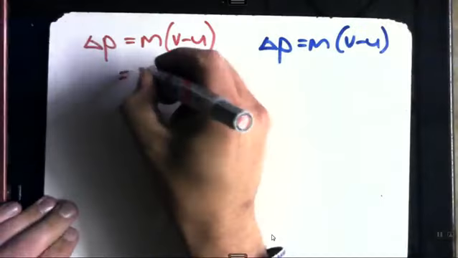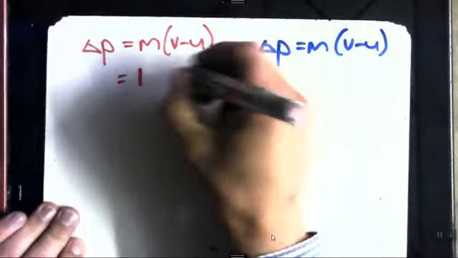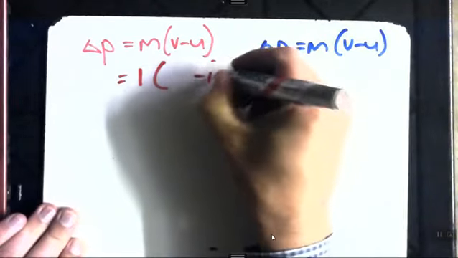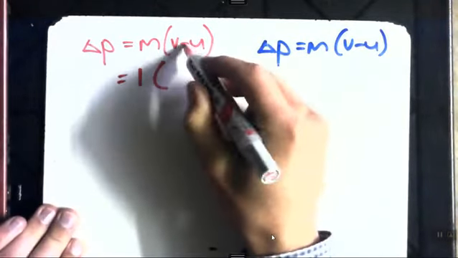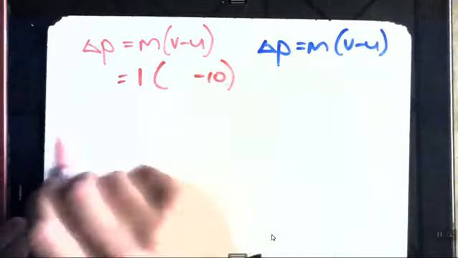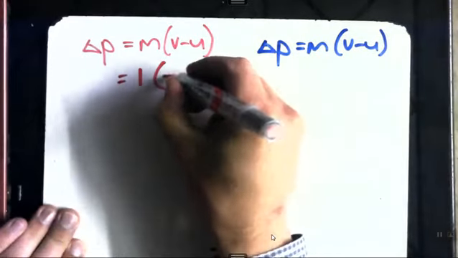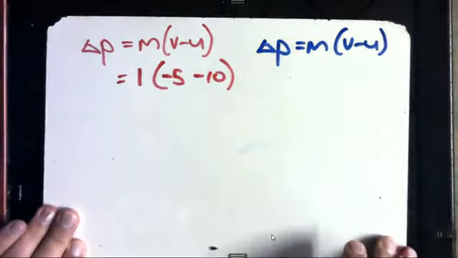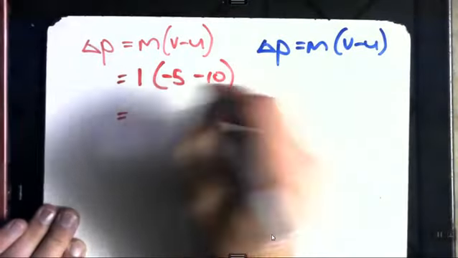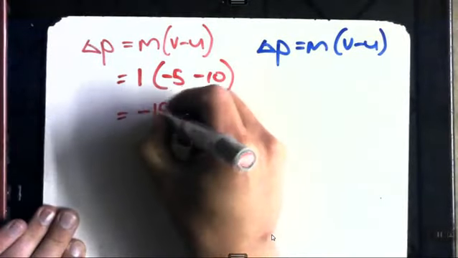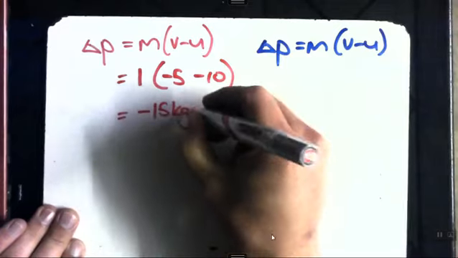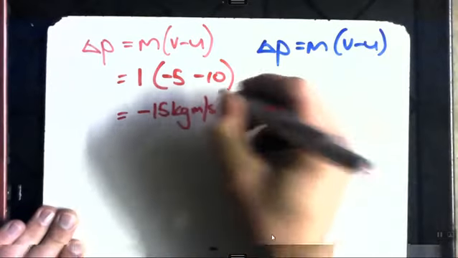So the red one still had a mass of 1. It had an initial velocity of positive 10. Positive times negative gives me negative. But it ended with a final velocity of negative 5. Okay, so here we see that the change in momentum is negative 15 kilogram meters per second.